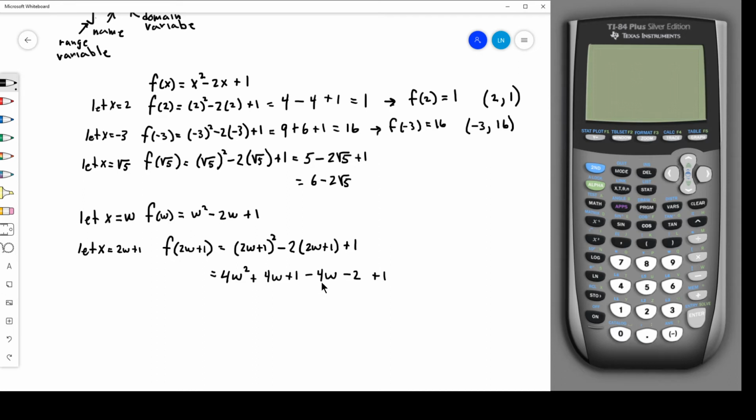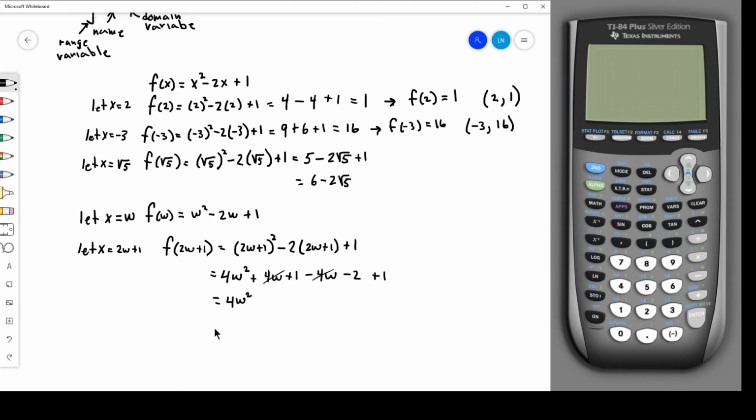So you need to expand that and then collect up any like terms you've got. I've got 4w squared and no other w squareds. I've got a plus 4w and a minus 4w. And then I've got a... Is that how that actually works out? Yeah, it is. I've got plus 1, minus 2 is minus 1, plus 1 is 0. So this would be it right here.